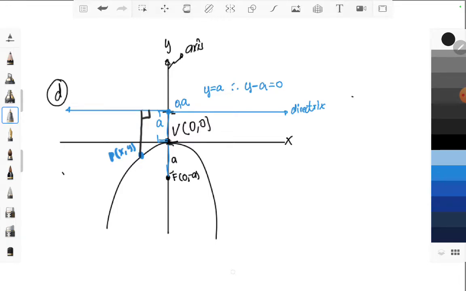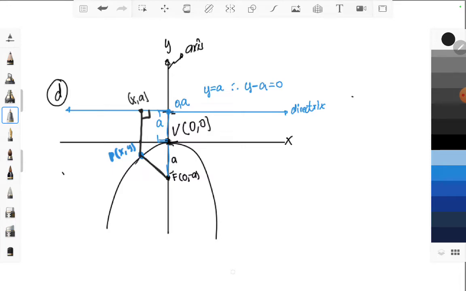Let's call this point x, so from the point x here we have (x, a). And from that I will have my point (x, a) and my point (0, negative a).